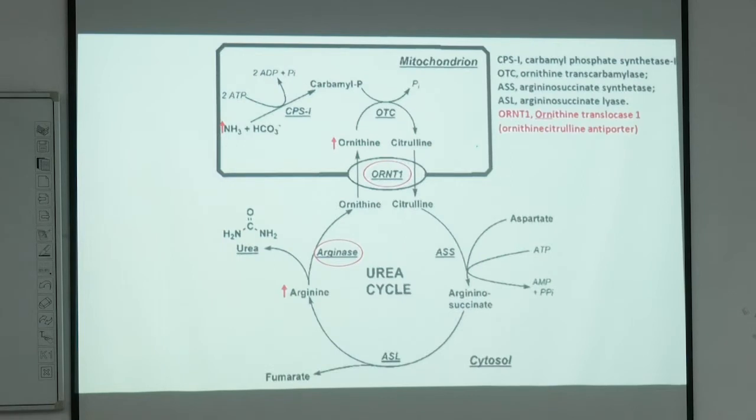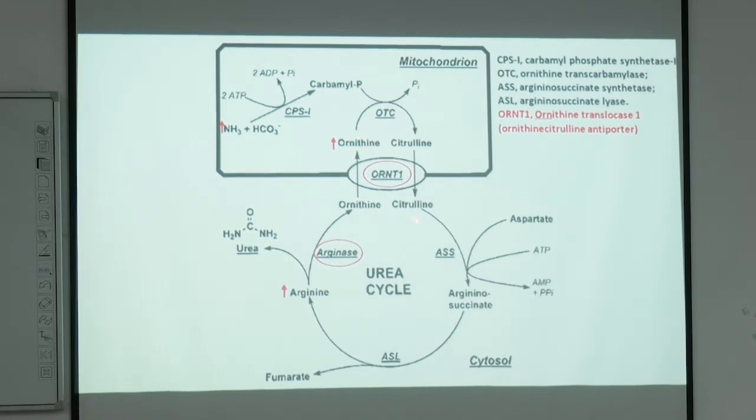So this is the whole urea cycle. It starts with ammonia and bicarbonate or carbon dioxide. So here there is a transporter in the mitochondria which takes ornithine inside the mitochondria and pulls citrulline out of the mitochondria.